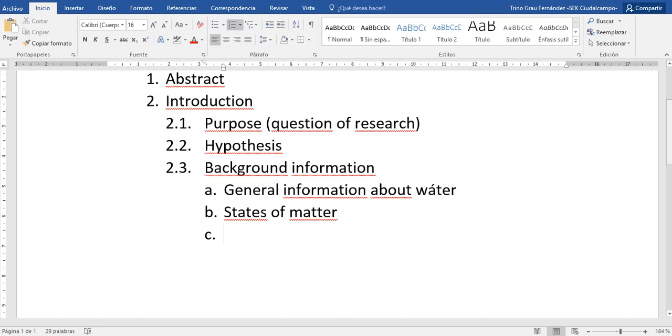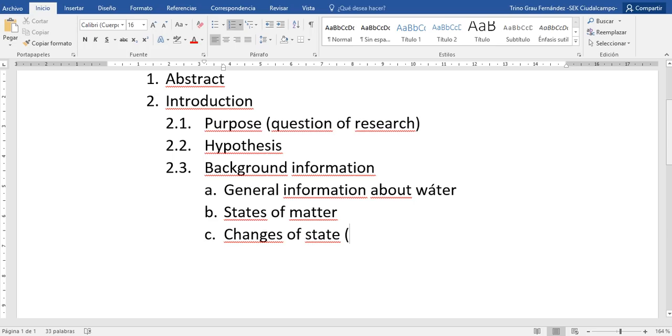And finally, you need to talk about the changes of state. Here in the changes of state, you need to talk about the 4 changes of state or 6 changes of state that you are going to include in your lab report.